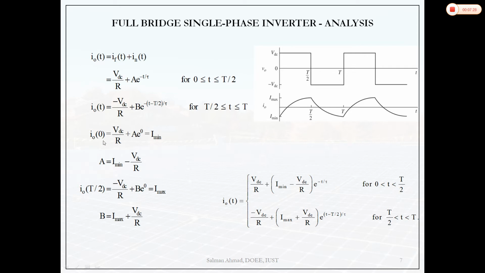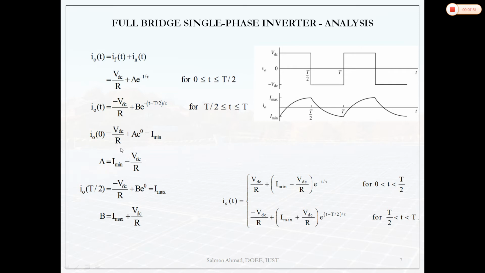When we substitute t is equal to 0, we get VDC upon R plus A e to the power 0 is equal to I min. From this expression we can find A. This is 1 into A, so A is equal to I min minus VDC upon R.